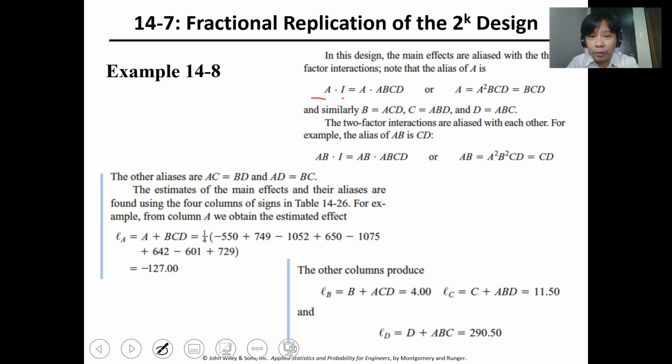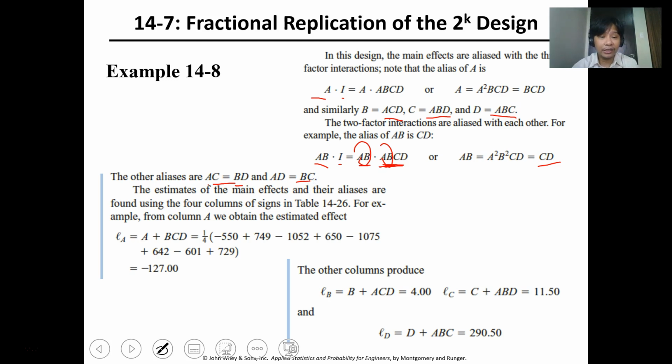Similarly, mawawala lang yung letter. Okay? So the 2-factor interaction, ganun din. Ang alias nyo, AB times I, is AB multiplied with ABCD, mawawala lang din yung AB. So CD lang siya. So other aliases is, ito ay AC equals BD, at saka AD equals BC.